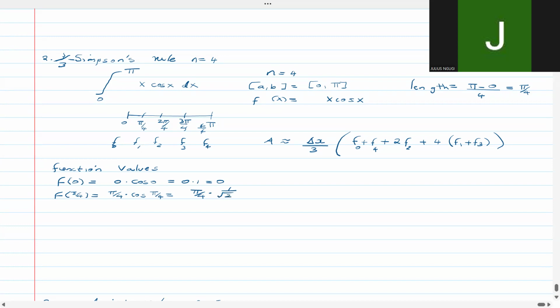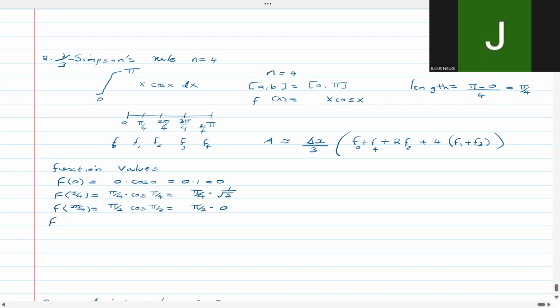Then the other one is f at 2 pi over 4, which is pi over 2. Cosine of pi over 2 is cosine of 90, so it's pi over 2 times cosine of 90, which is 0.